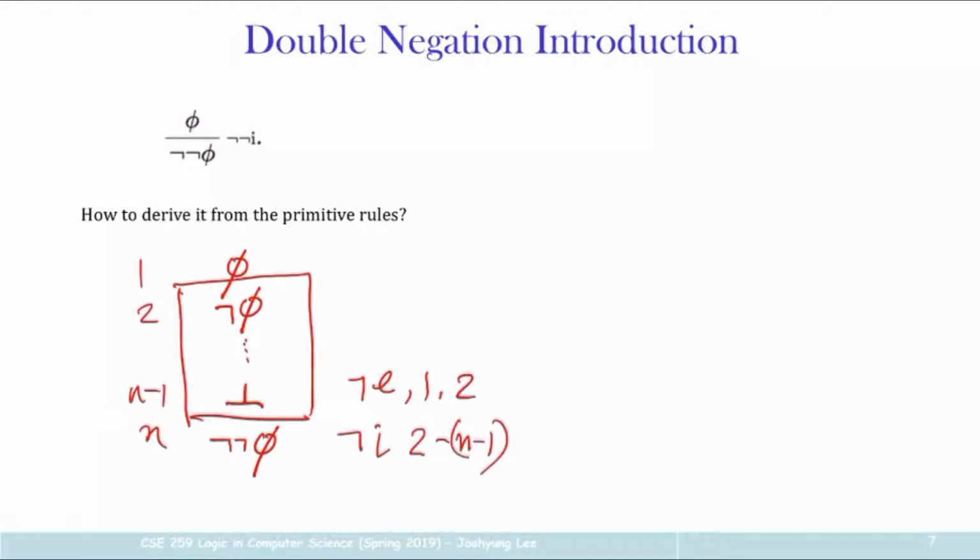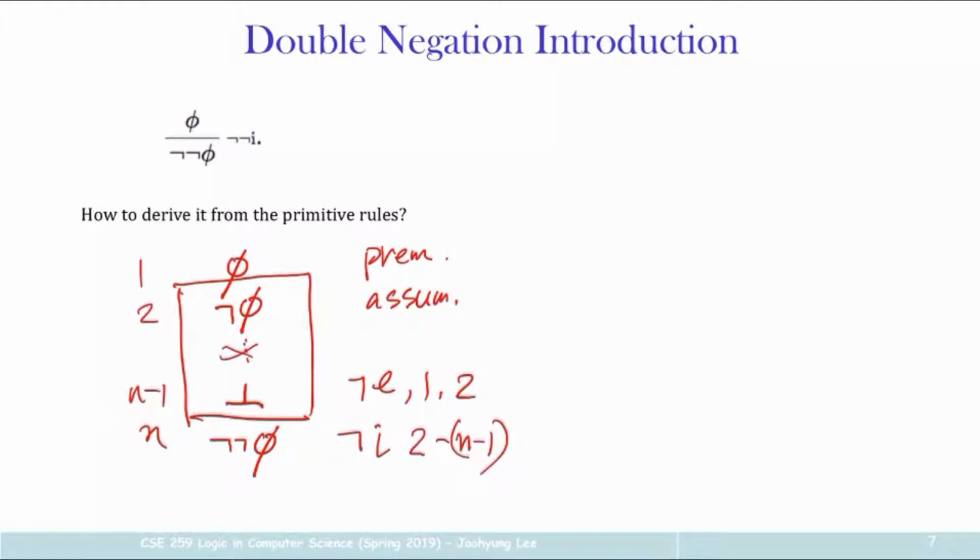And in fact, this is all you need. This was the premise, and this is the assumption, and there's actually nothing in between. The proof is saying that given phi, let's temporarily assume not phi is true. Then you immediately get the contradiction. So not phi is actually false.